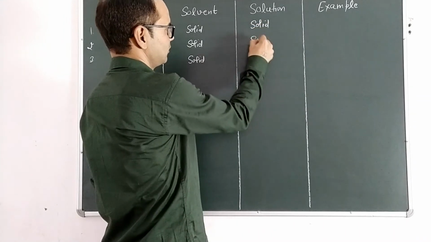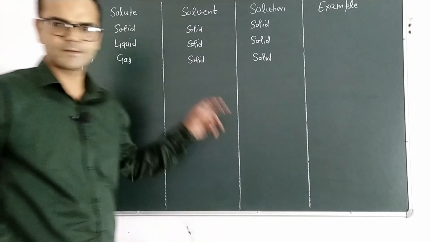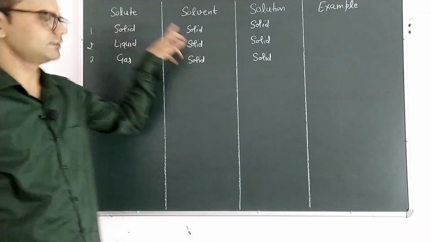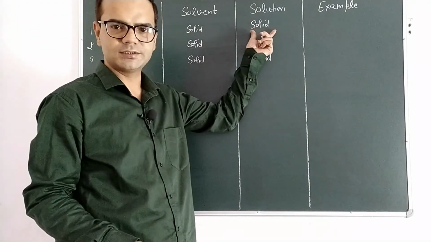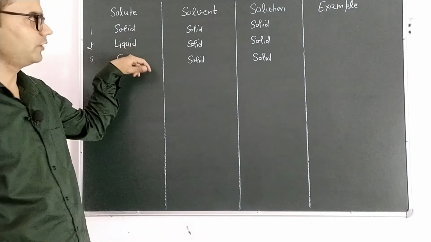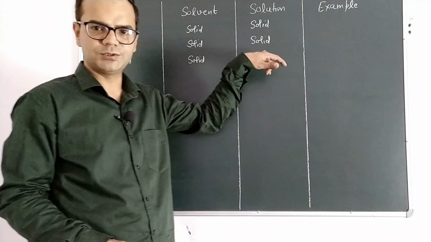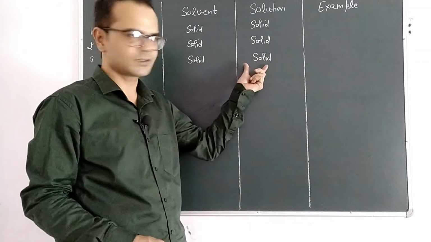Solution of solid in solid, we will get a solid solution. Solution of liquid with a solid solvent, we will get a solid solution. Solution of gas in solid, we will get a solid solution.